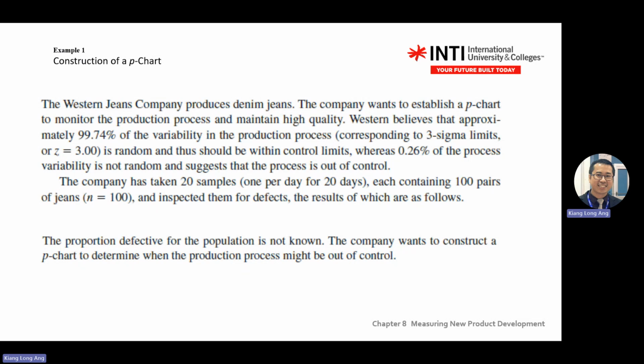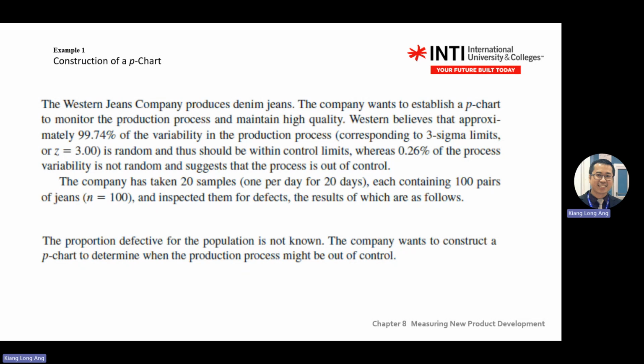Here plus here is 0.26%. It takes 20 samples, 1 per day for 20 days. So it means it takes 1 sample each day for 20 days.